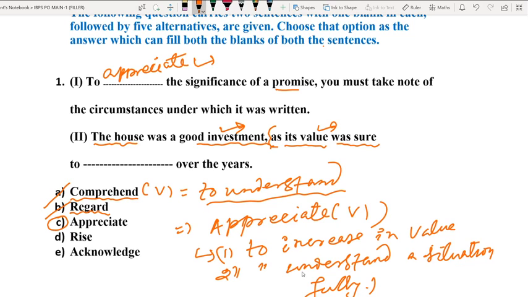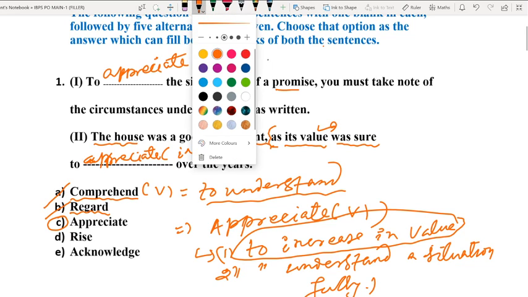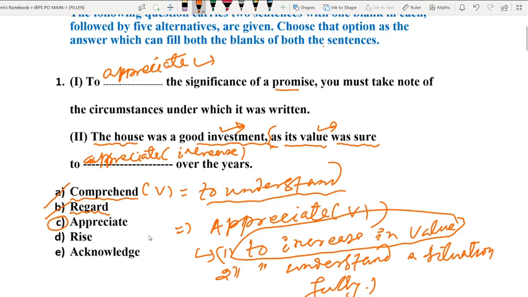And if I go by the other meaning of the verb appreciate, that is to increase in value, then obviously it fits here as well. Here to appreciate means to increase. So now we have already arrived at the correct answer choice, but we must eliminate the remaining two options as well. The remaining two options will be easily eliminated.